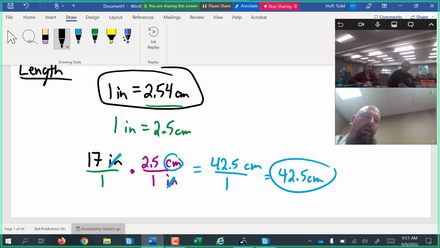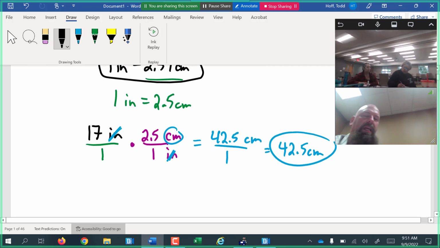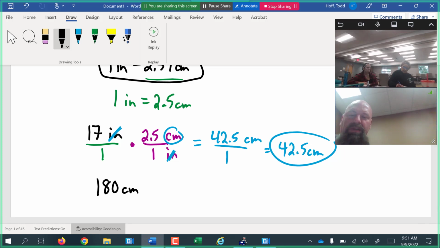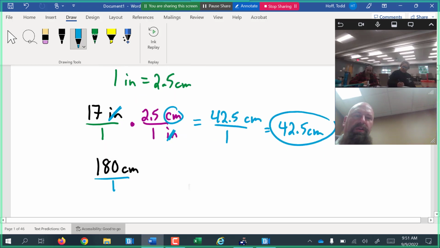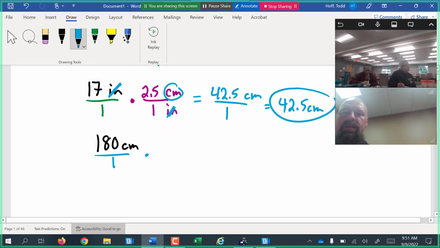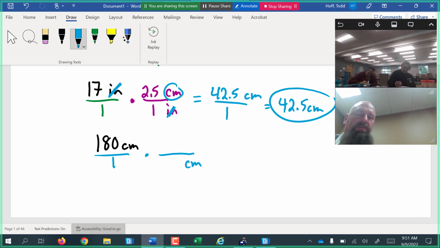Going the other direction, if we had something that came in, let's say someone reports their height is 180 centimeters, and we need to convert that into inches. We put the centimeters over 1. In our conversion factor, now we're getting rid of centimeters, so centimeters will go on bottom, inches on top. 1 inch is 2.5 centimeters.